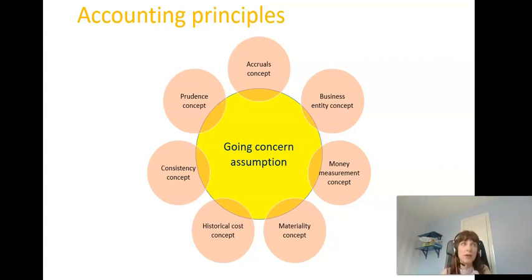Okay, so the other ones that support this going concern include the accruals concept. The accruals means that the revenue and costs are recognised as they go along, as they are earned, and not as cash is received or paid. So I'll relate it to my small limited company. At my year end, what the accountant is looking for is the invoices that I've issued.